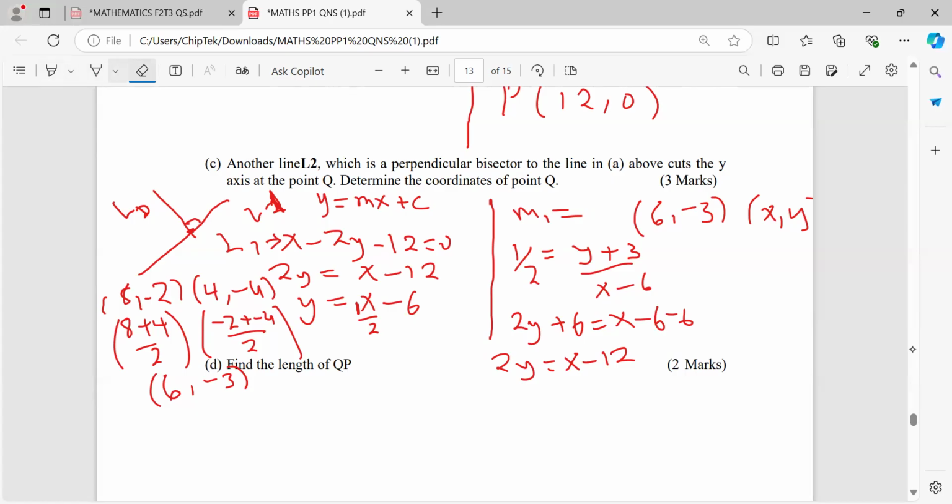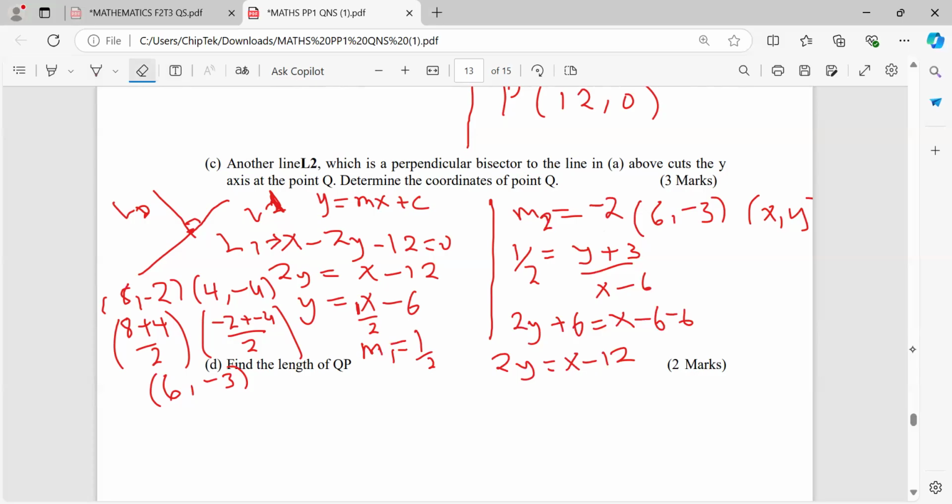Tutafuta ile gradient ya line nyingine. Kama M1 hapa ni half, M2 gradient ya hiyo perpendicular, okay? Gradient ya M2 itakuwa negative reciprocal ya hii kwa sababu M1 times M2 unajua ni negative 1. So reciprocal ya half ni 2, so hapa itakuwa negative 2 over 1.